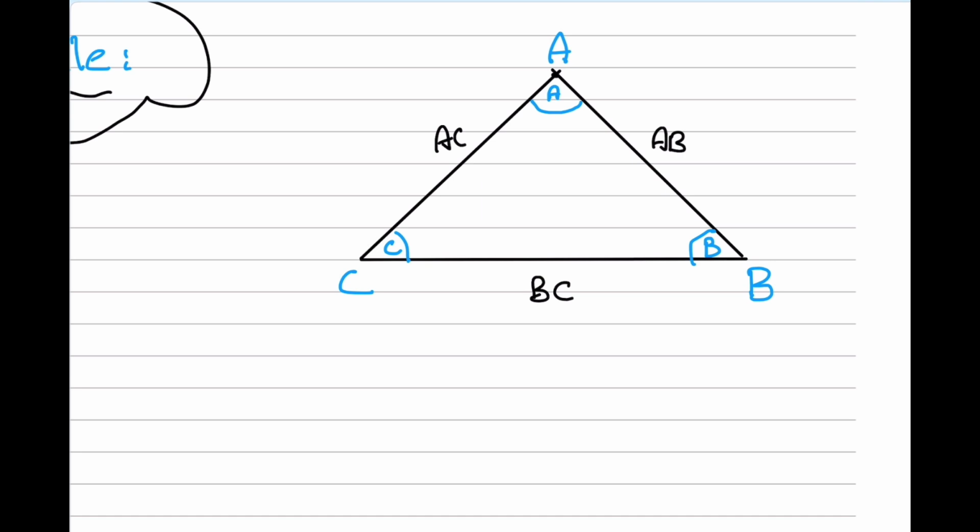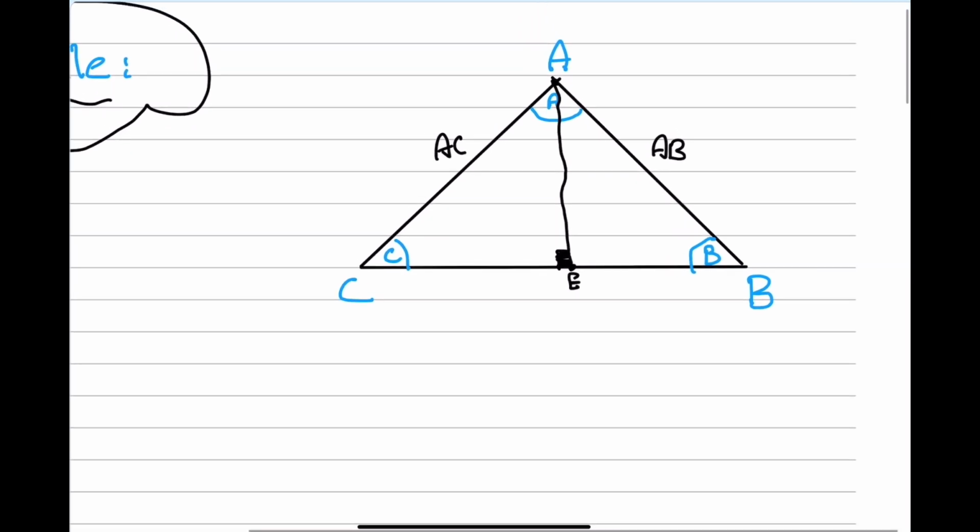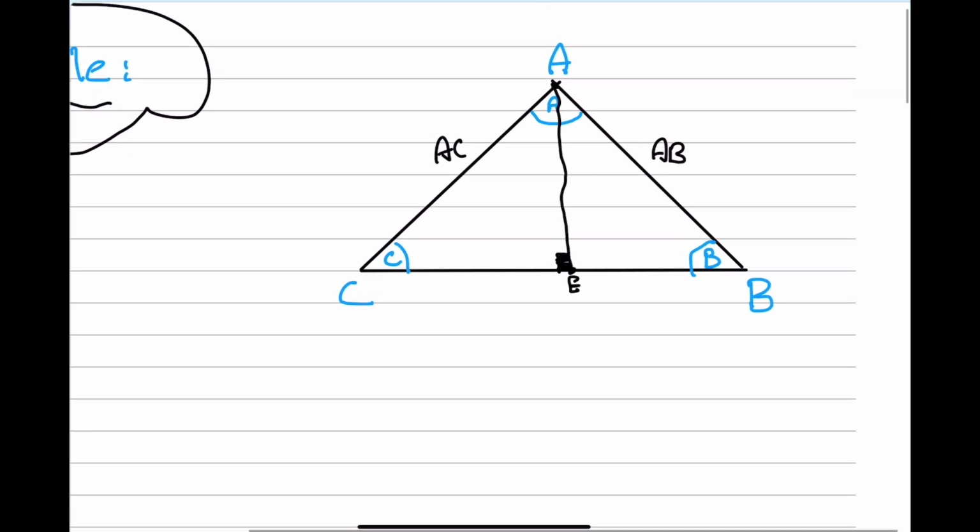If we take the vertex A and go down perpendicular on the side BC, this is the height of the triangle, one of the altitudes. Let this point be E. So here we have AE perpendicular to the side BC.